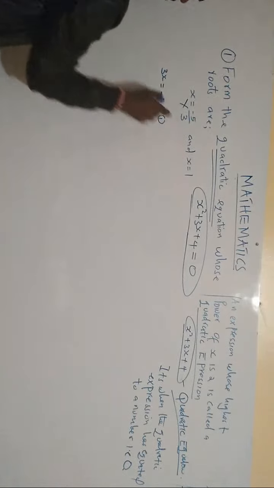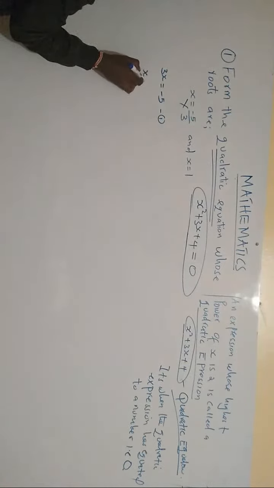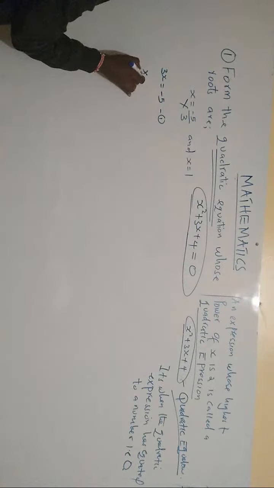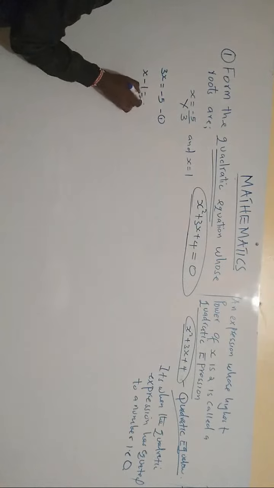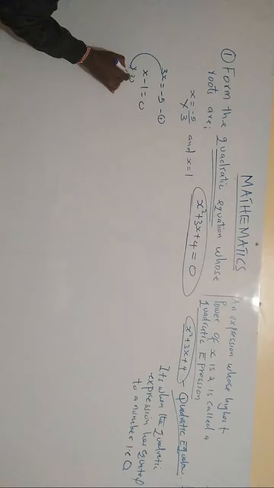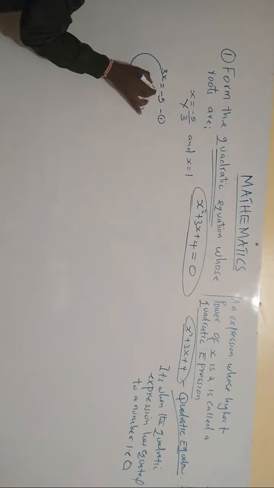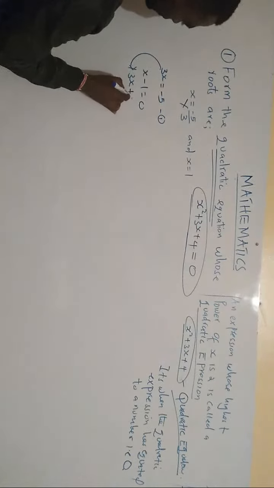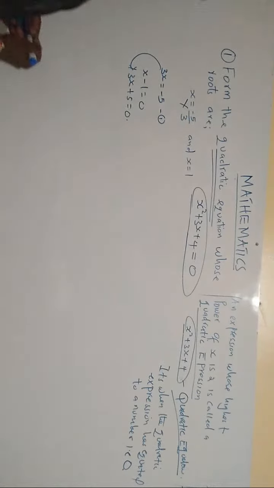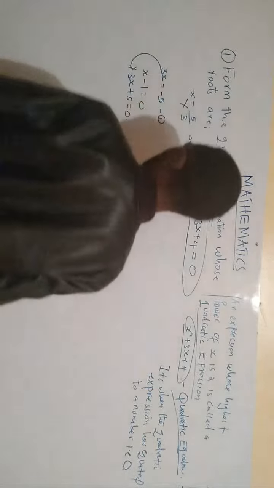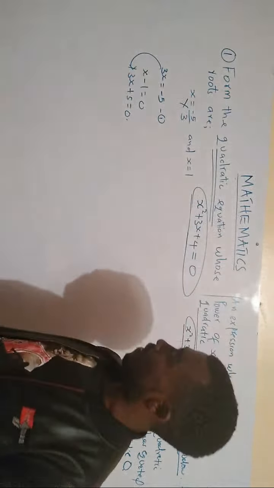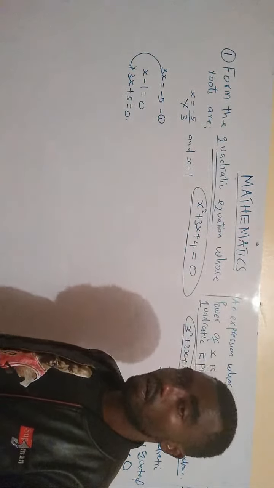Then we take the other equation, x is equal to 1, and equate to 0: x minus 1 is equal to 0. For the first one, we take -5 to this side, so it will be 3x plus 5 is equal to 0.